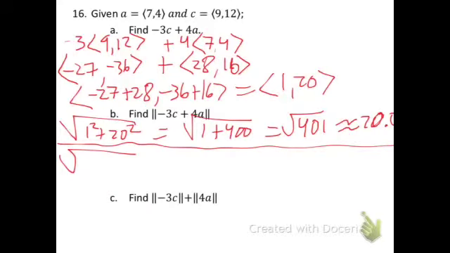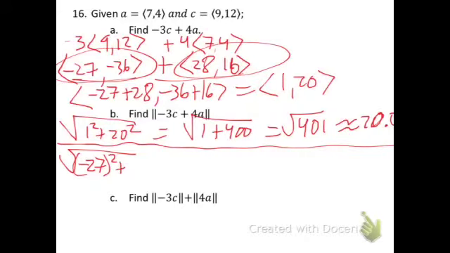I'm going to give myself more room here. You need to get the magnitude of each of those parts. This is negative 3c, this is 4a. So I need to take each of those components, square it, add them together, and then take the square root.